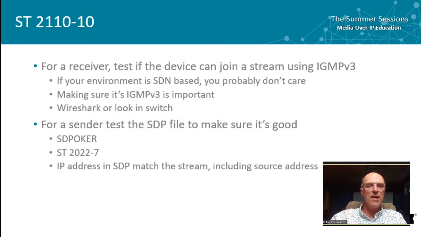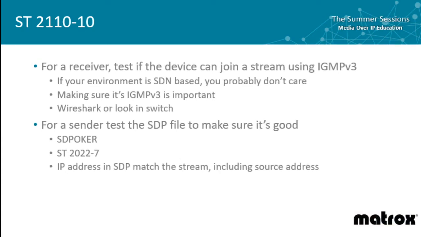And so the -10 tests that are done. For a receiver, this is basically making sure that according to the spec, we should support IGMP v3. And maybe the environment you're in is an SDN-based environment and you don't really care about all this IGMP stuff. But I still suggest that it's important to make sure your device supports the spec properly, because even if you don't use it, you never know what might come in useful.